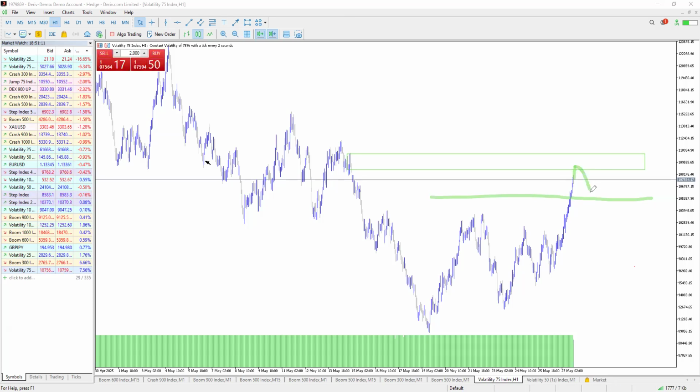It can most probably sell to these areas of previous highs, and then it gathers momentum and buys. So these are also things to consider. When you buy or sell a trade, you should be able to know where it's going to react and why it's going to react at those certain areas.